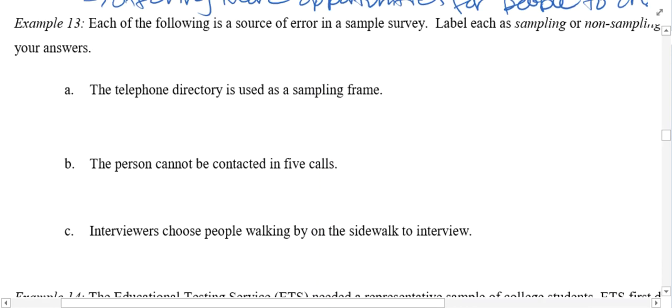Yeah, this is going to be a sampling error. This is how you're getting the people to use in your sample. It's occurring at the time that you're selecting the sample. Okay, so the error occurs at the time of sampling.